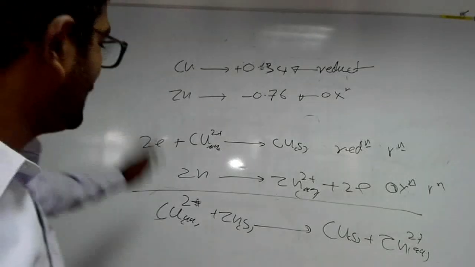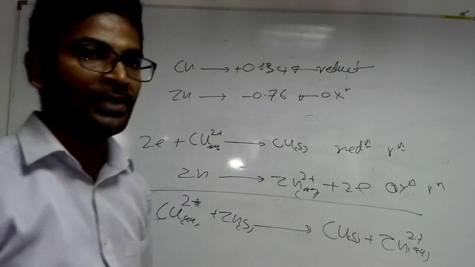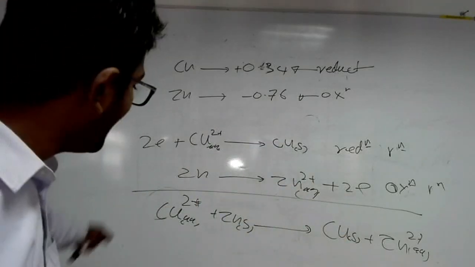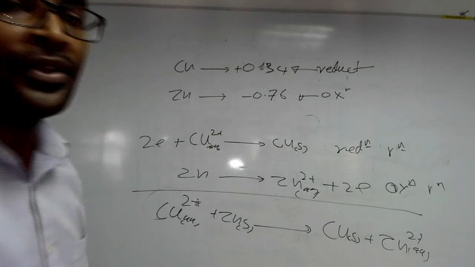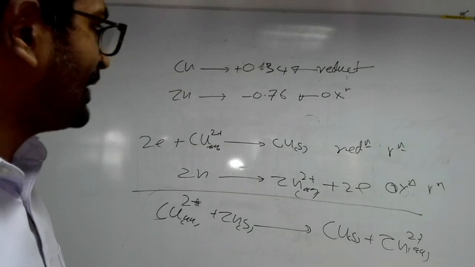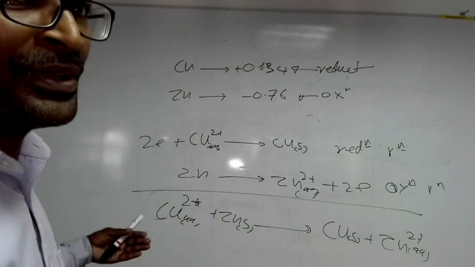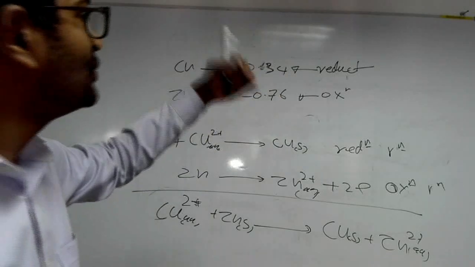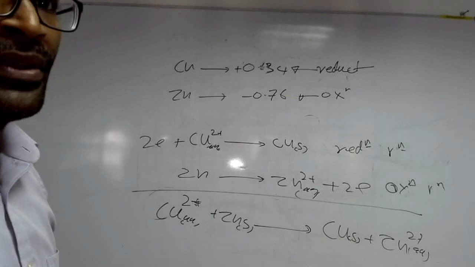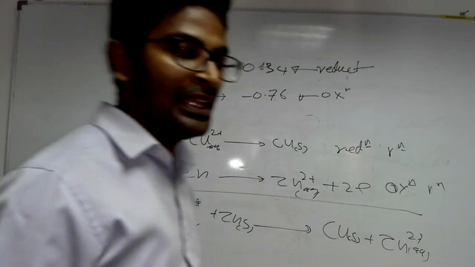Zinc converts into zinc 2 plus, and copper 2 plus converts into copper, with respect to the oxidation and reduction reactions. So this is the overall reaction for this electrochemical cell. You only have to identify which one is the oxidation part and the reduction part. This is very simple. The only thing you have to check is the values of the voltage difference or electrode potential of the relevant electrodes.